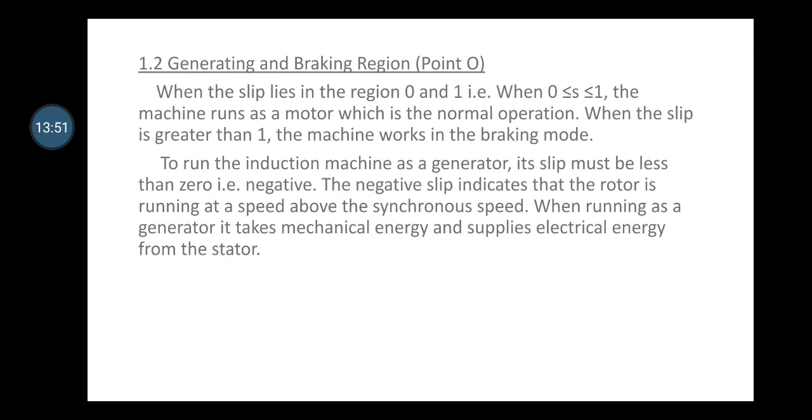At this condition, the induction machine is rotated in generating mode. The negative slip indicates the rotor is running at a speed above the synchronous speed. When running as a generator, it takes mechanical energy and supplies electrical energy from the stator.